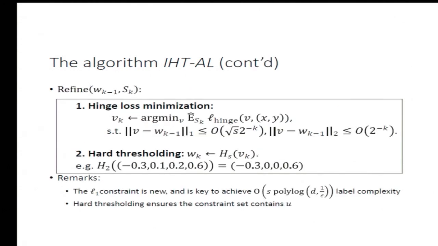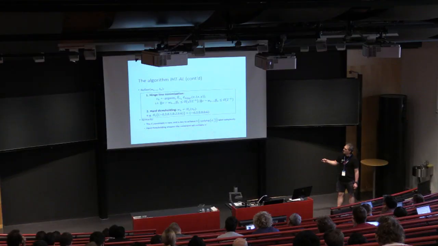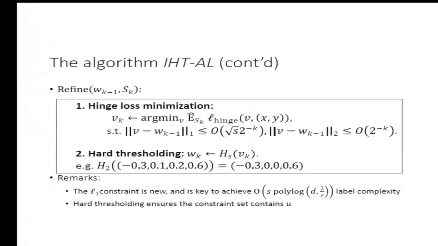When we refine, we're going to be thinking about hinge loss minimization. We're going to find the v which minimizes the hinge loss with respect to the data set for the kth phase, subject to two constraints. You have an L2 constraint, which is exponential on the phase, and you have an L1 constraint, which is exponential on the phase.